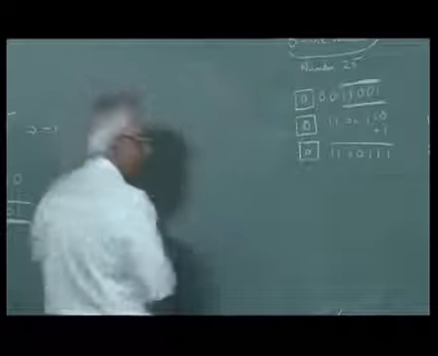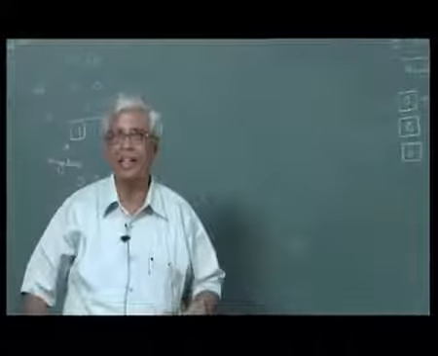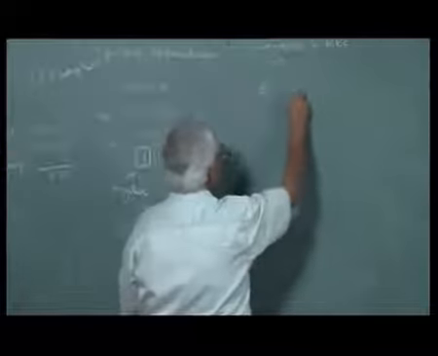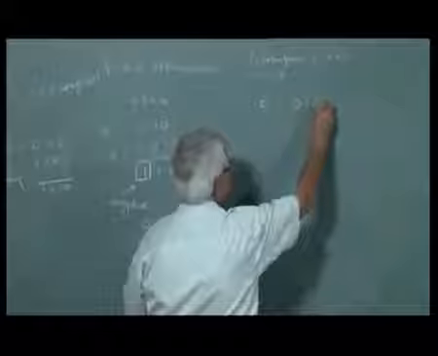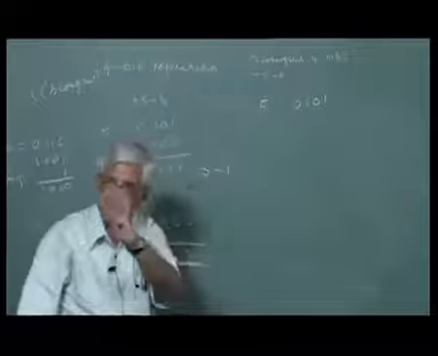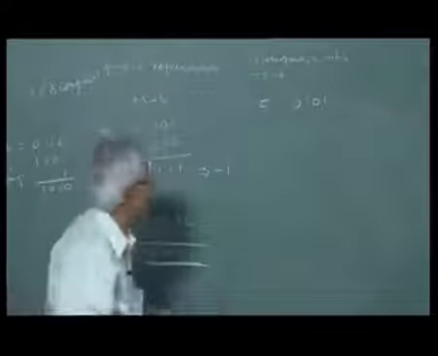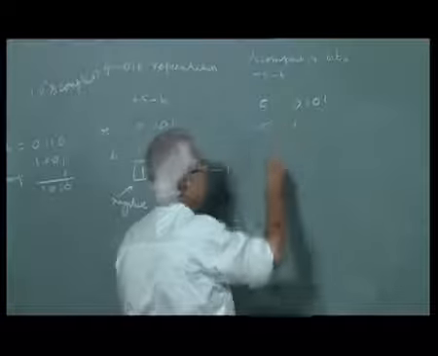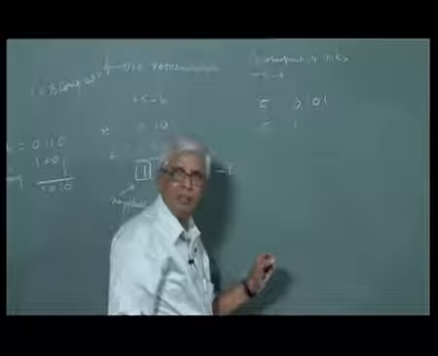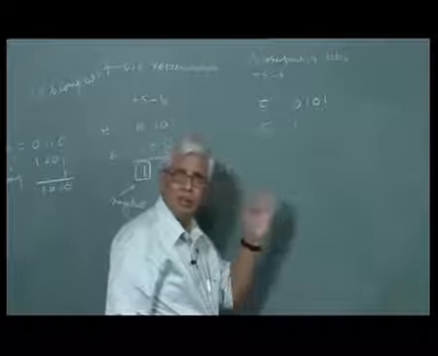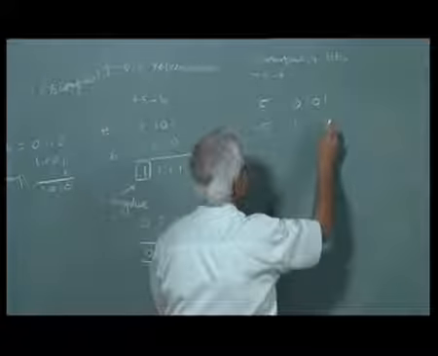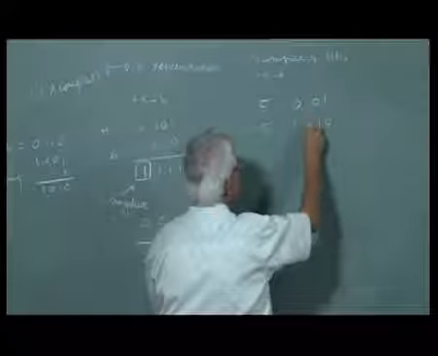So minus 5, minus 6. Both are negative numbers. What is 5? 5 is 0, 1, 0, 1. I'm sticking to 4 bits to make it easier to understand. Minus 5: now you invert it, and it is 1, 0, 1, 0.